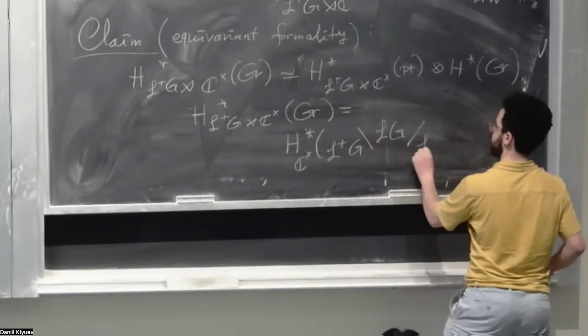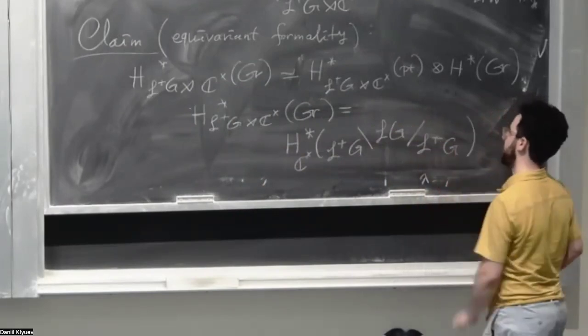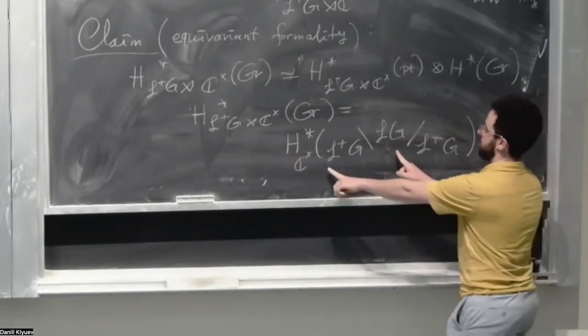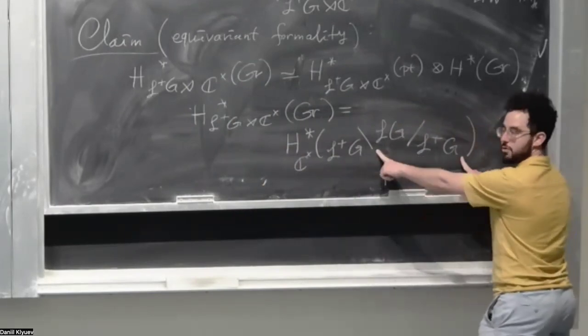So we have two different maps. I can contract that to a point, and I can contract that to a point.